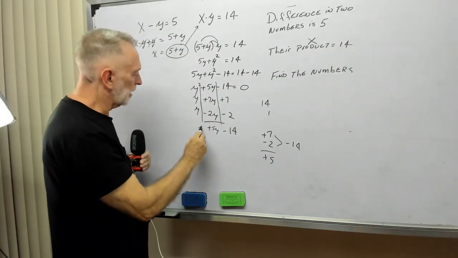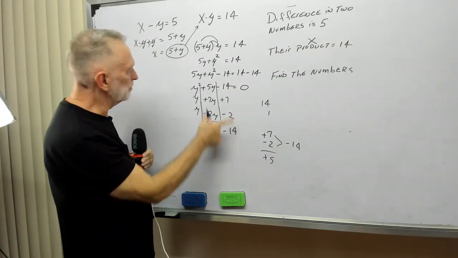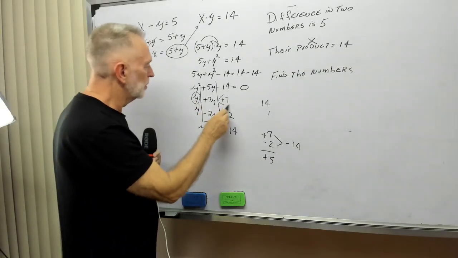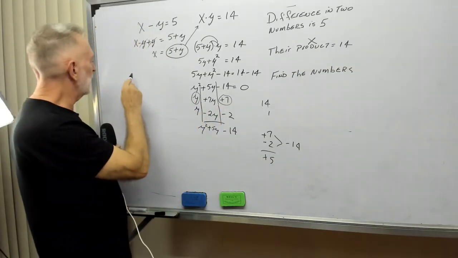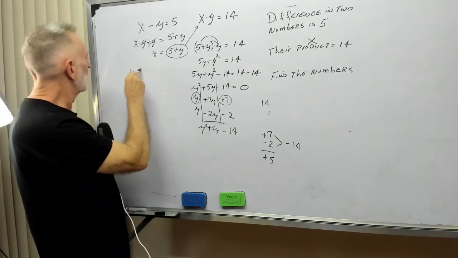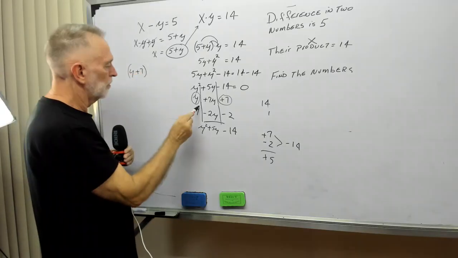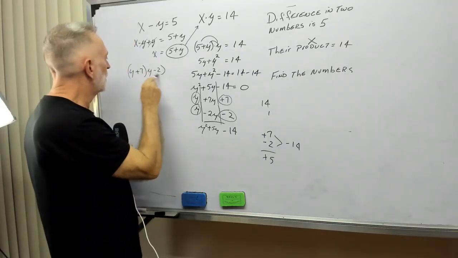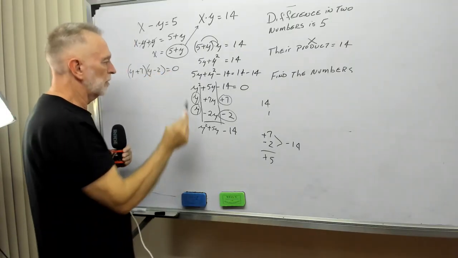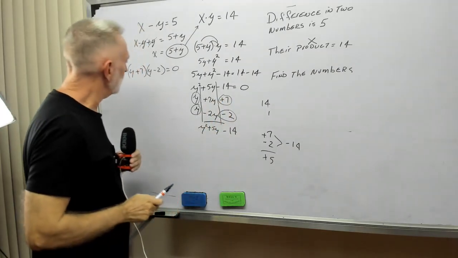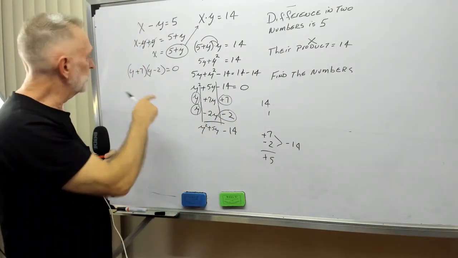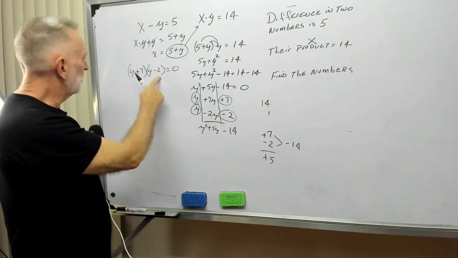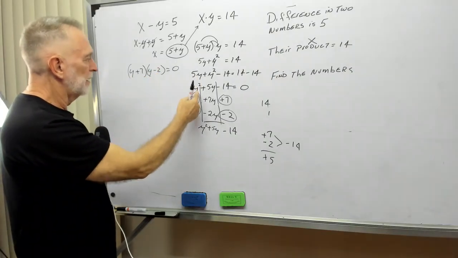Y times Y is Y squared. So that gives me what I started with. So now I know my terms are Y plus 7 times Y minus 2, and that equals 0.